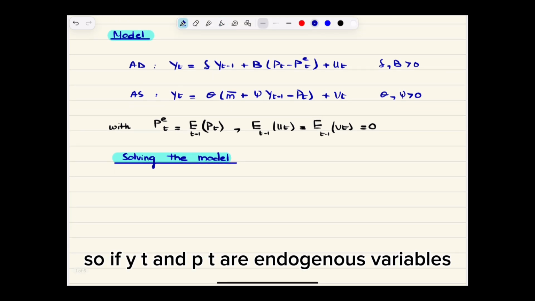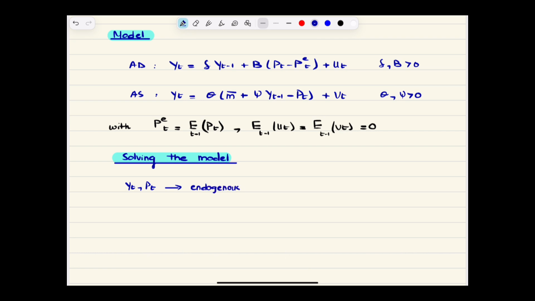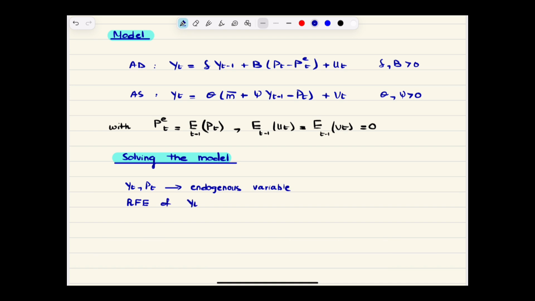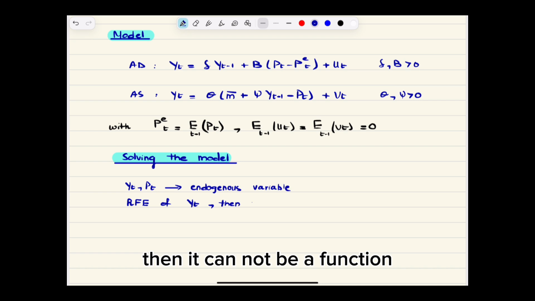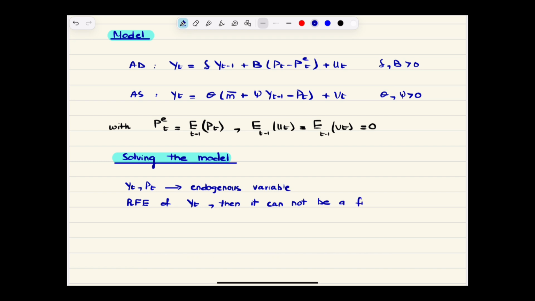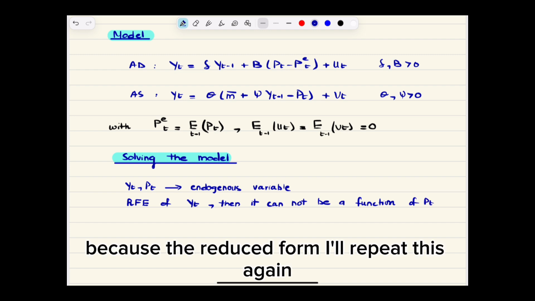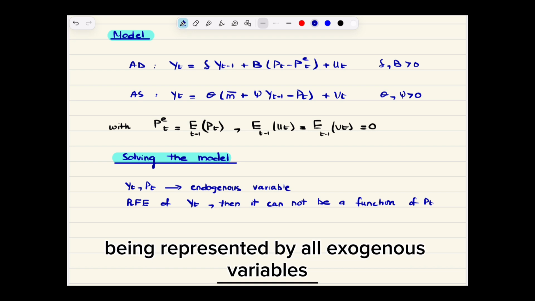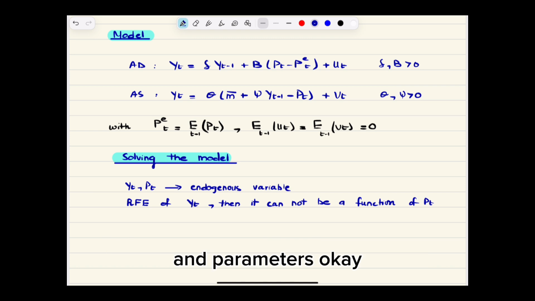So if yt and pt are endogenous variables, then if I want to find the reduced form equation of y, it cannot be a function of pt, because the reduced form, I'll repeat this again, is an endogenous variable being represented by all exogenous variables and parameters.